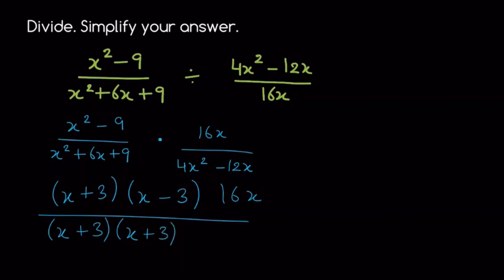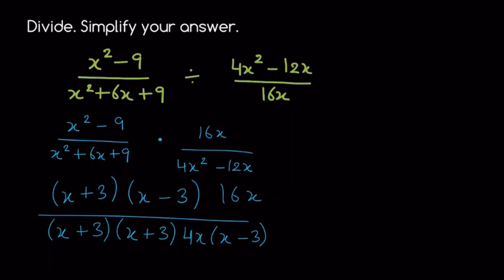Joining it with the other rational expression denominator, 4x squared minus 12x, we have a common factor which is 4x, times x minus 3.